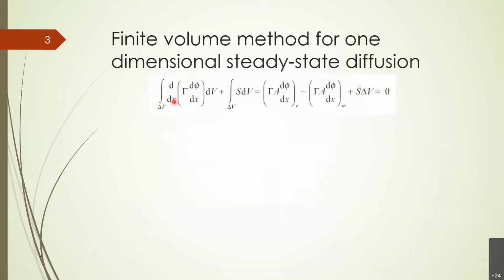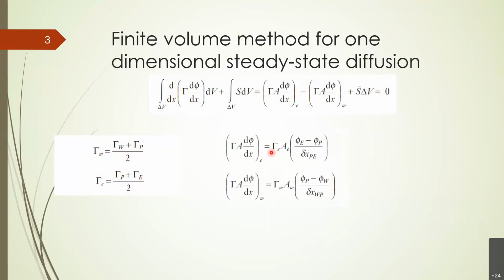So as we proceed with this equation, for gamma at small w, we can calculate it as gamma capital W plus gamma P over 2. It will be the midpoint between gamma P and gamma W. Same here with gamma small e, gamma P plus gamma E divided by 2. From this, we can substitute these elements.